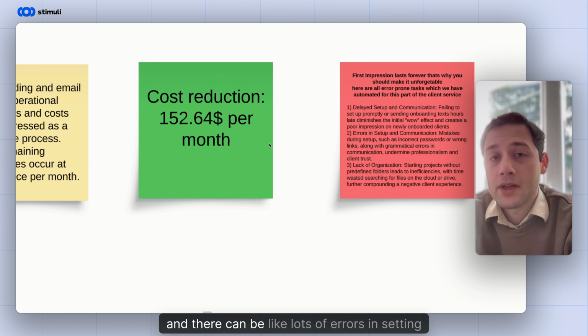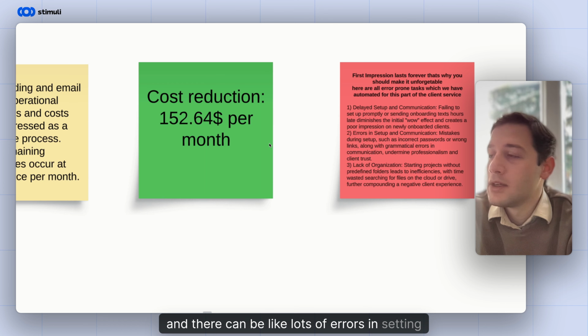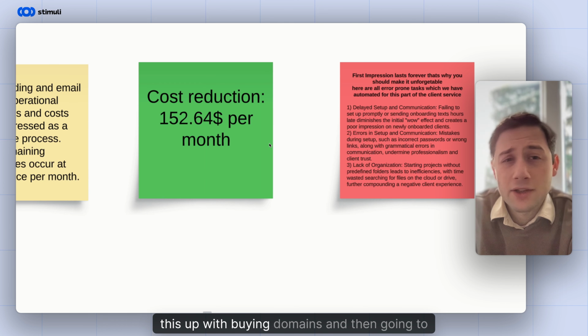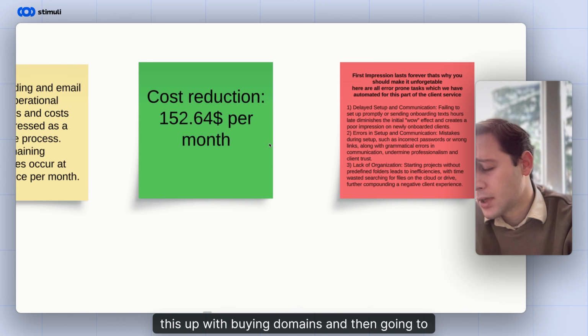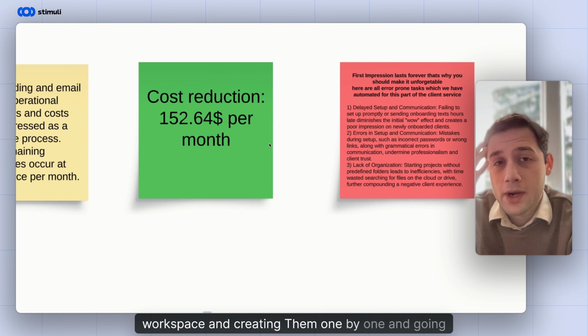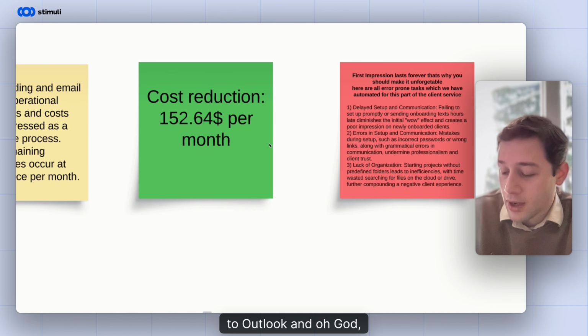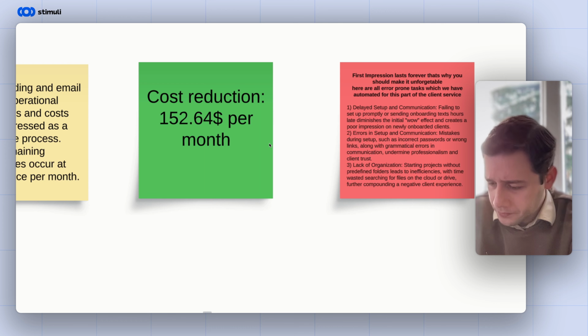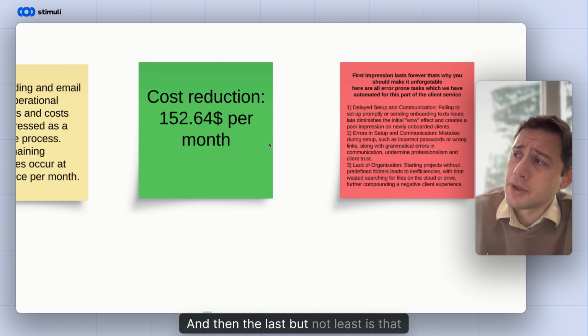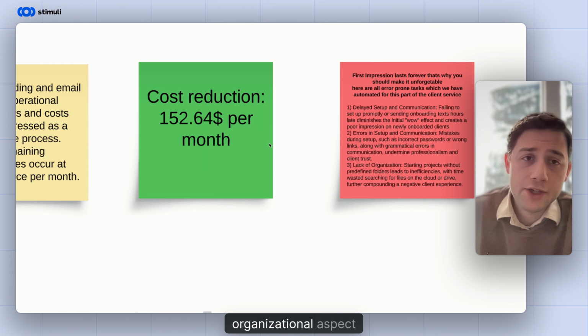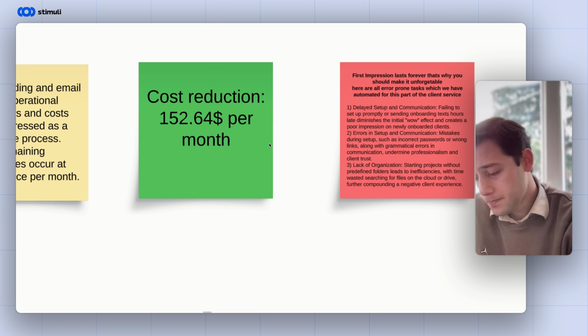And there can be lots of errors in setting this up, with buying domains, then going to the workspace and creating them one by one, and going to Outlook, and oh god, it's really boring. And then, last but not least, is the organizational aspect of this work.